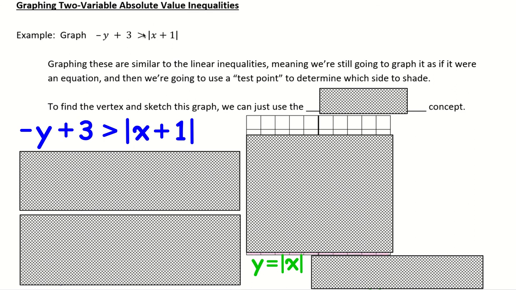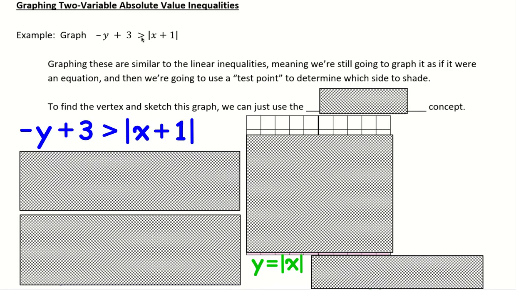Well, now we have an inequality kind of combined with that, and so it's still going to be a v graph. It's still going to be a v graph, but since it's going to be now an inequality, that just means, like you might expect, actually, that the v now could be solid or dashed, depending on the symbol.